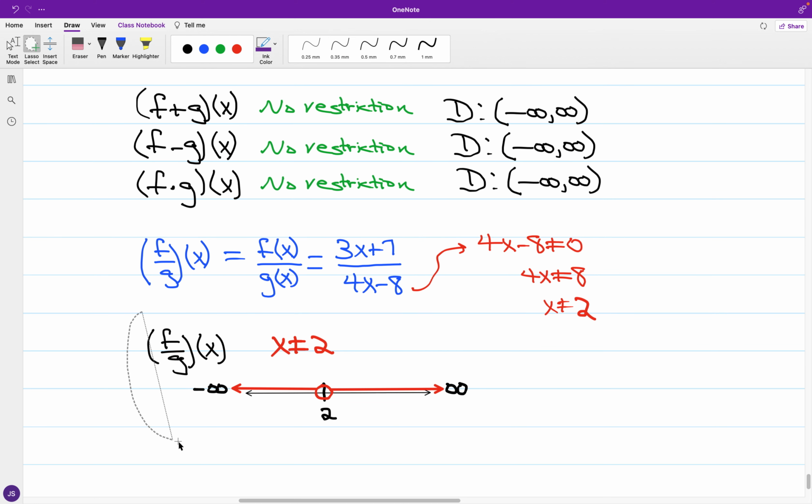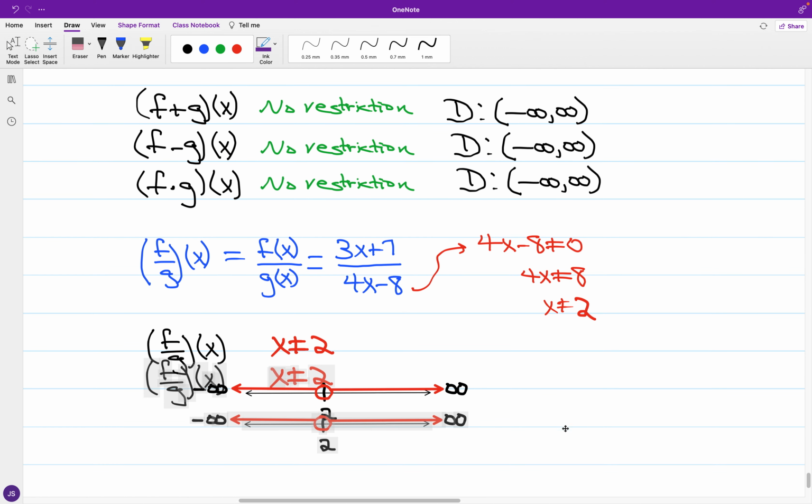And so it's going to follow for what we have for the domain of f over g of x.